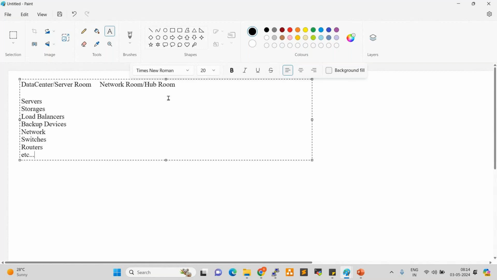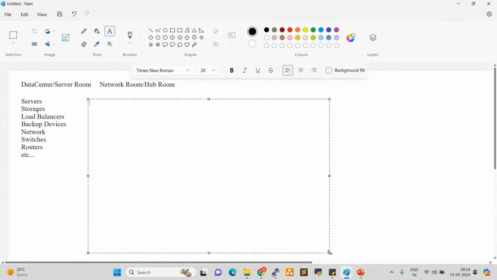Now, let us take a small example here. There is a Java project. It is a startup company, and this is their first project they're trying to get from a US client.